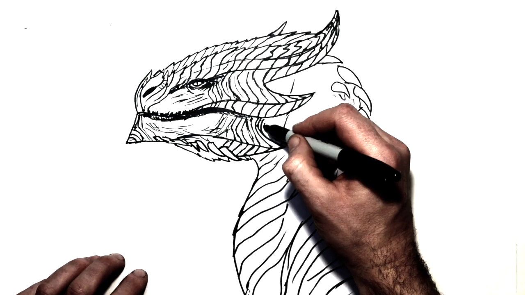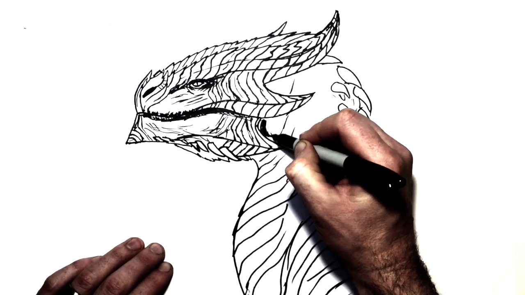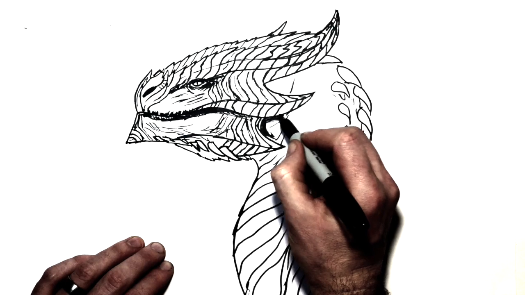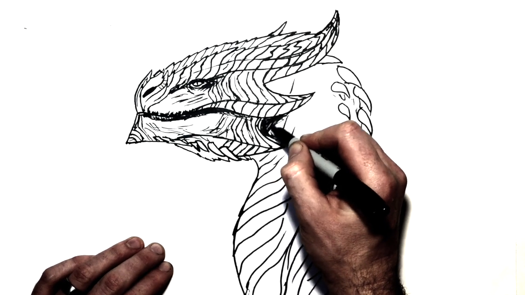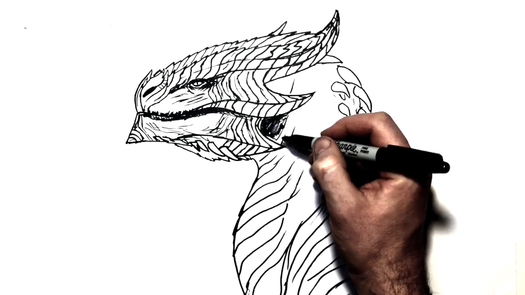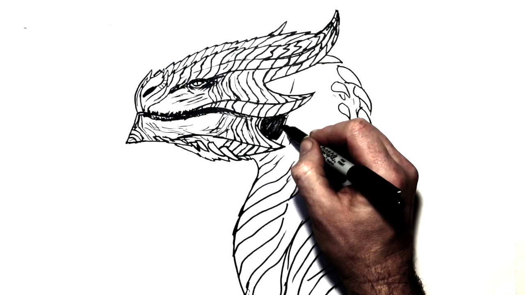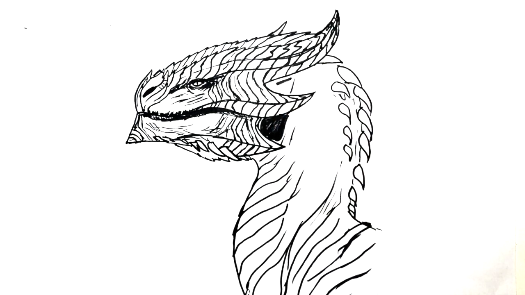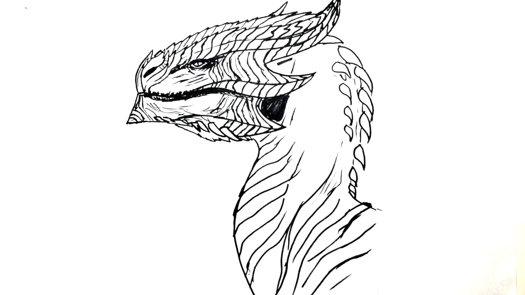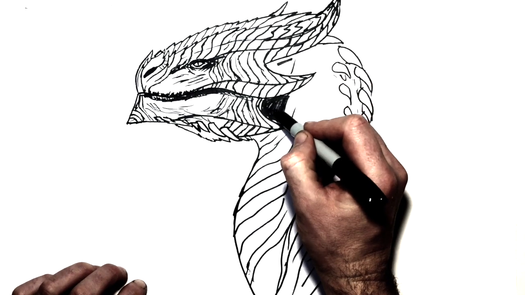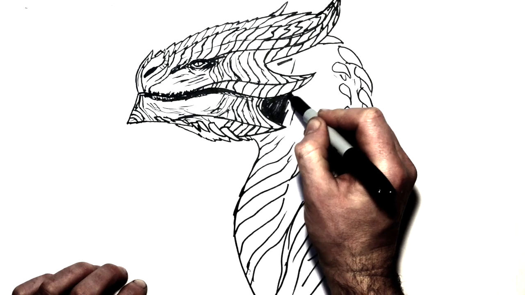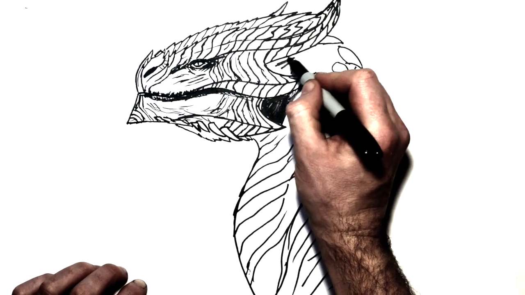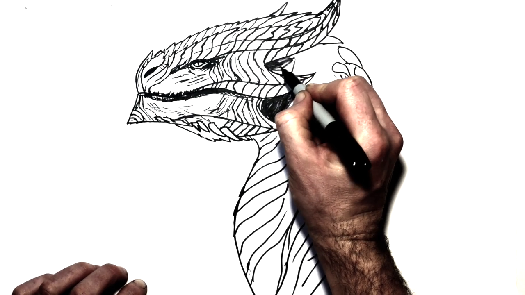And I might put a shadow just underneath his head here just to show the difference between his neck and his head, just to make the head pop a bit more. Just sort of blackening in closer to the head.